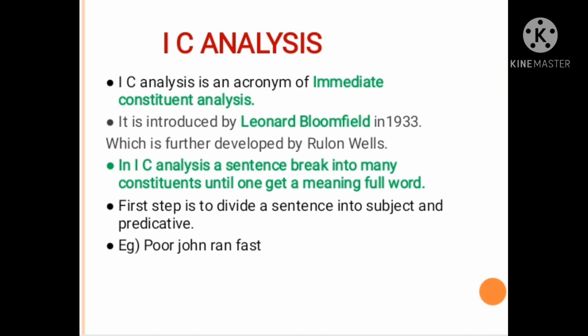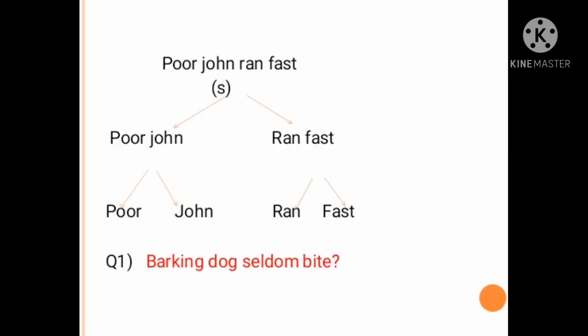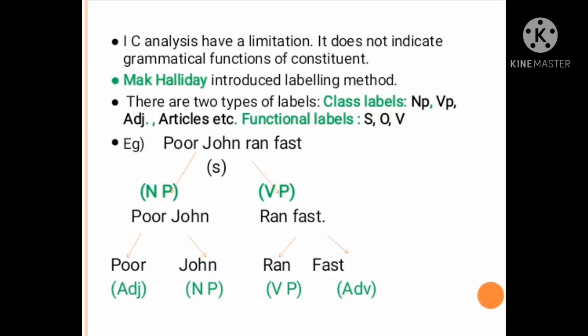Here, the subject is poor John and the predicate is ran fast. Again, poor John is divided into poor and John, and ran fast is divided into ran and fast. One of the limitations of IC analysis is that it does not indicate the grammatical functions of constituents.